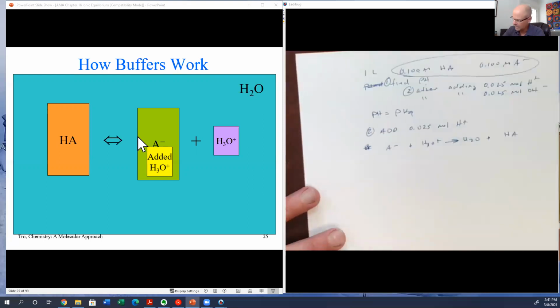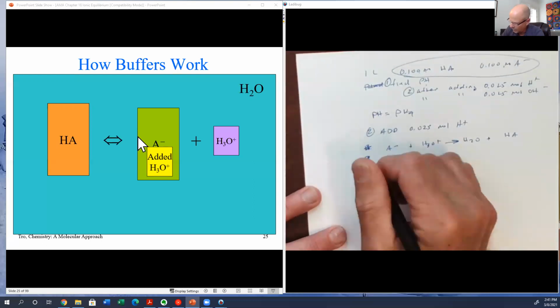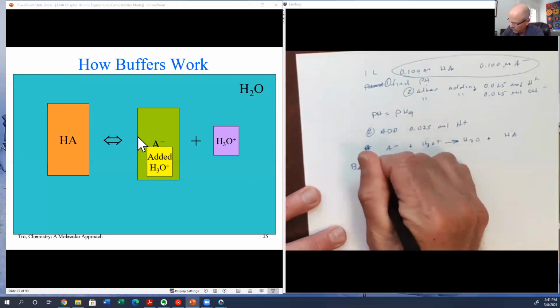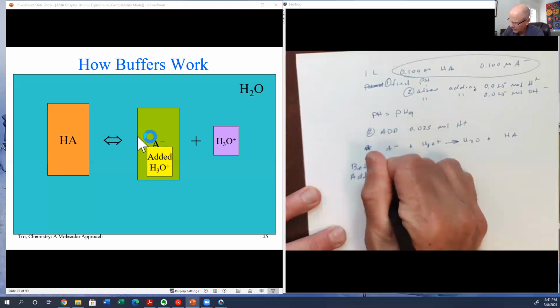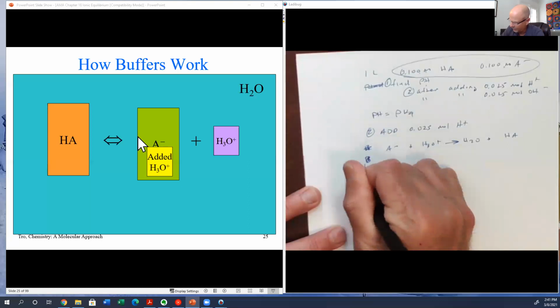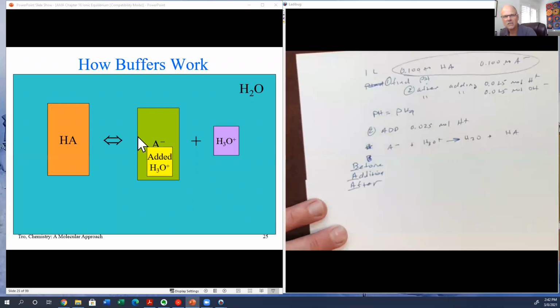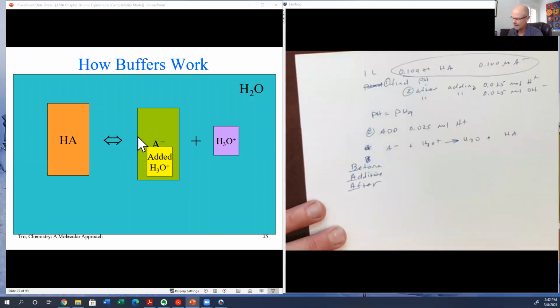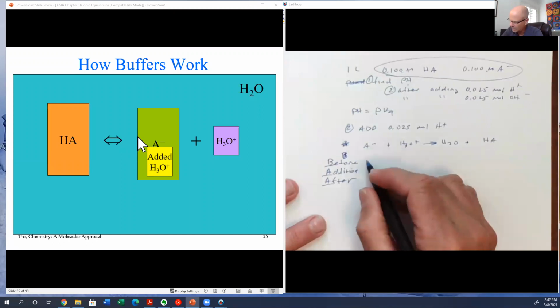I'm going to say before, and then I'm going to keep track of my addition, and then I'm going to have after. So that's why I'm calling it a BA table: before, addition, and after. So what's my A minus concentration?